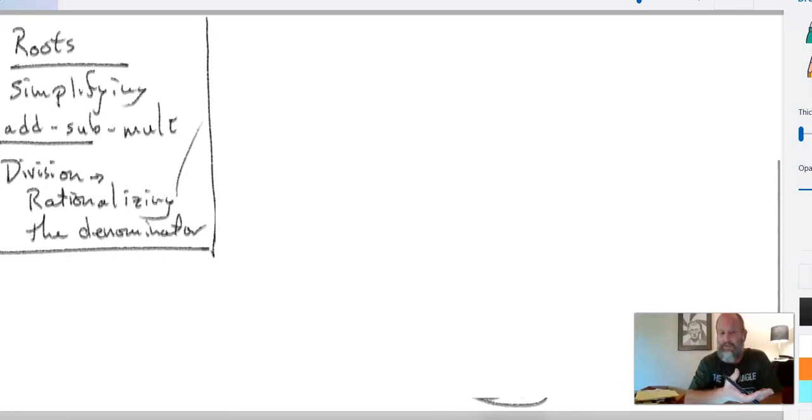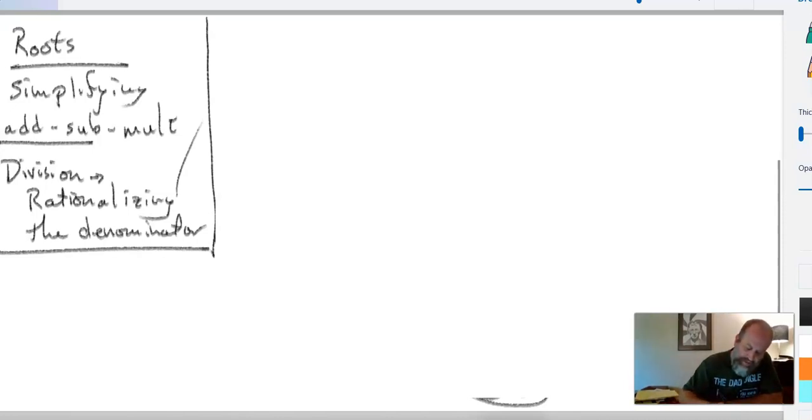You're collecting like terms, only instead of like terms, we're calling them like radicals. And then multiplication also behaves like polynomials. We're still doing things like FOIL and all of that stuff. The only thing you do in addition is simplify along the way, which is why we started with that. So let's take a look at an addition slash subtraction problem.